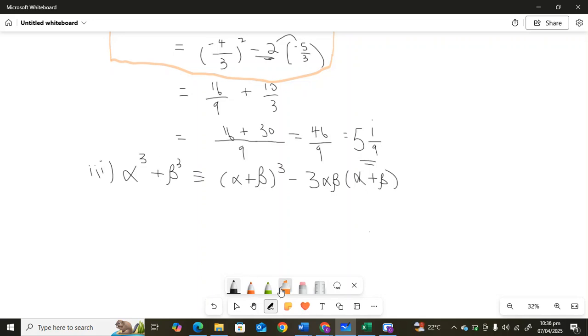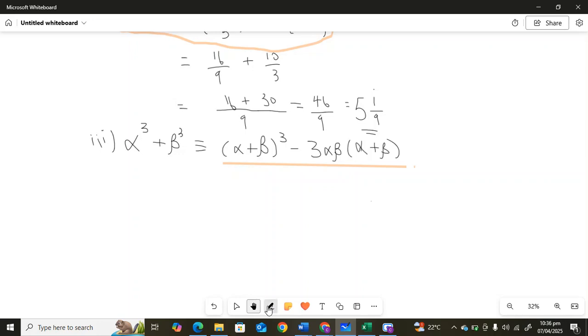Okay, I was saying that alpha cubed plus beta cubed breaks down into alpha plus beta cubed minus 3 alpha beta, alpha plus beta. Okay, I'll show you how to derive that. And let me just solve the question first.